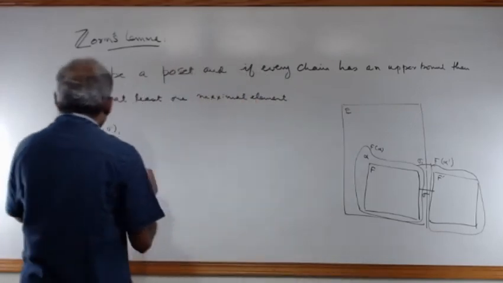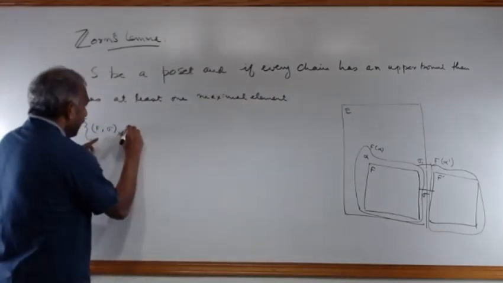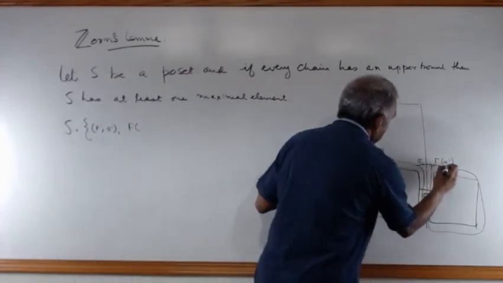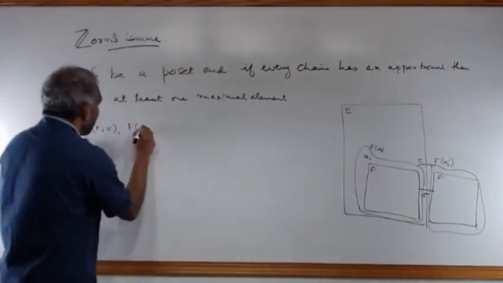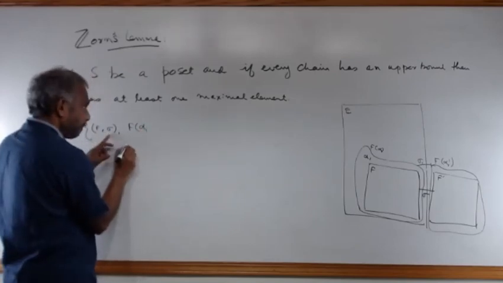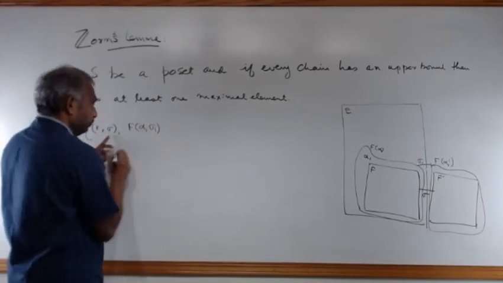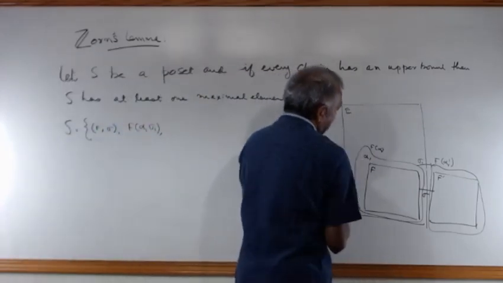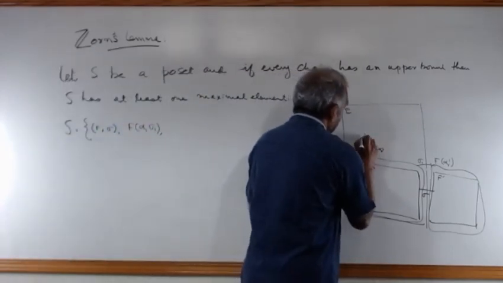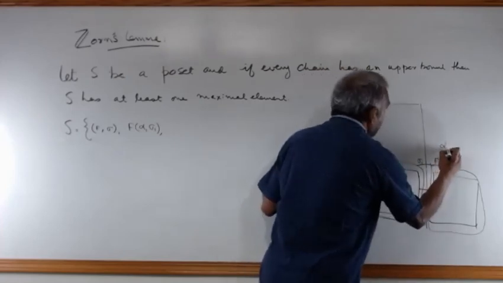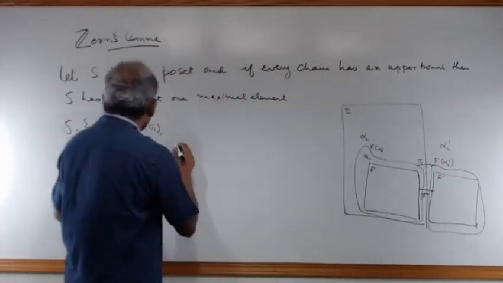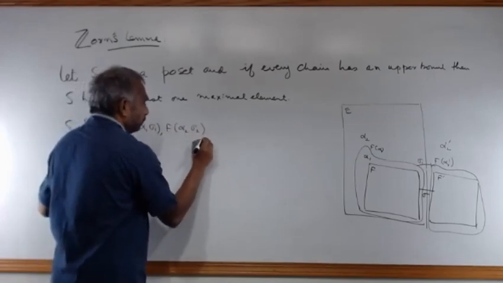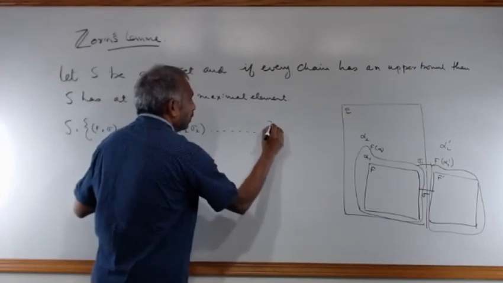So we have F(alpha 1), sigma 1. Now we go up another level, alpha 2, here also alpha 2 prime. So we'll have F(alpha 2), sigma 2.